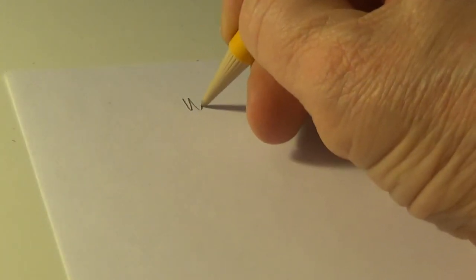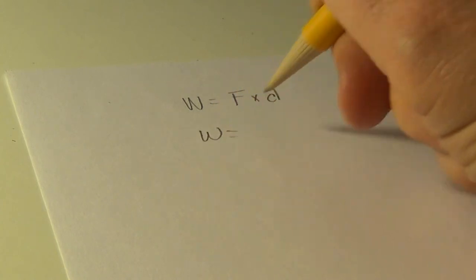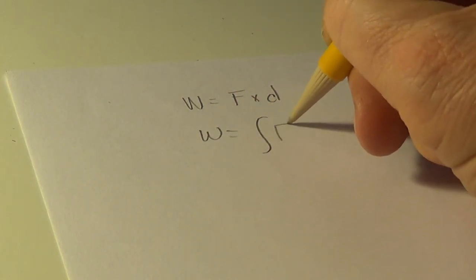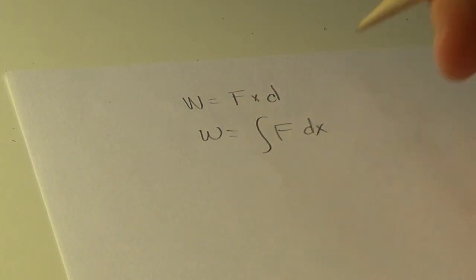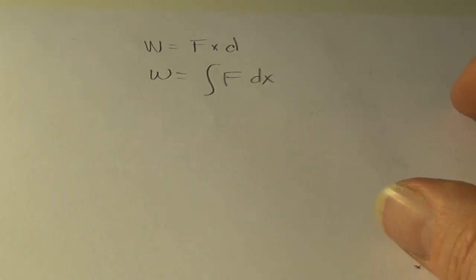It turns out that whenever you have a work problem, you can begin by saying work equals force times distance, or in calculus class, work equals the integral of force dx. So that will get you started no matter what kind of force problem we're doing.